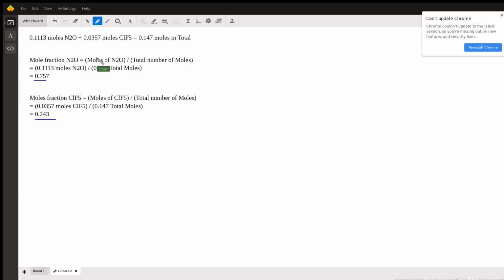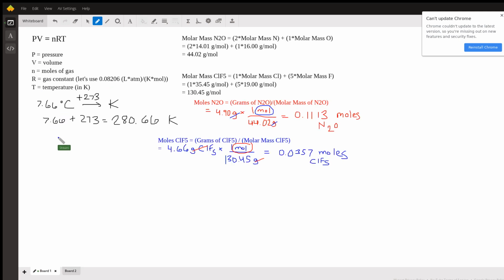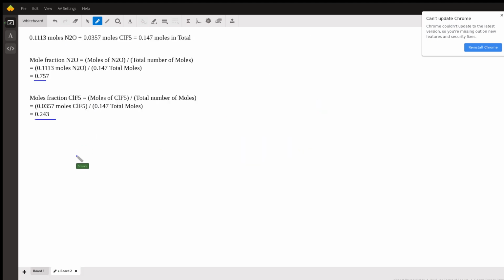So let's go ahead and calculate the partial pressure of each gas. Now, the partial pressure of each gas can be calculated by using PV is equal to nRT for each of the two gases.